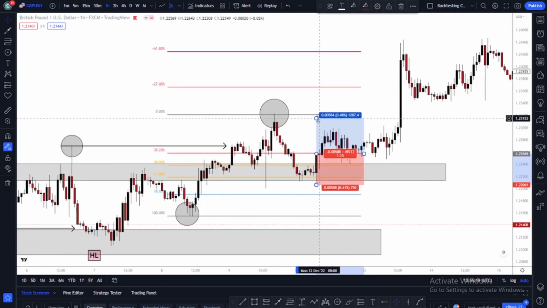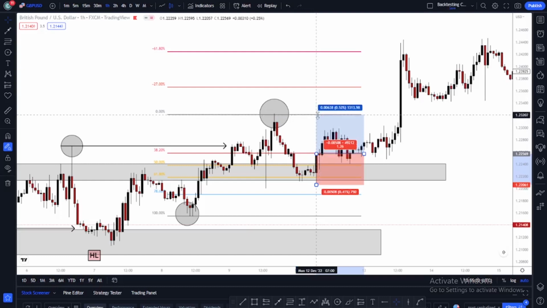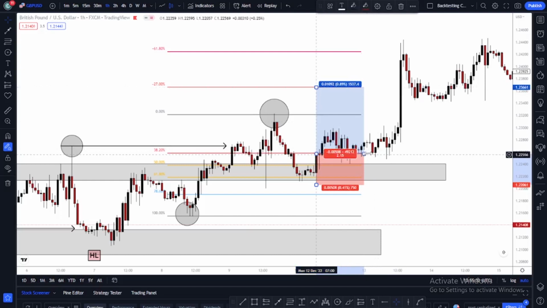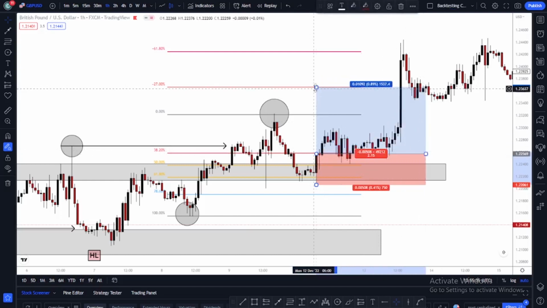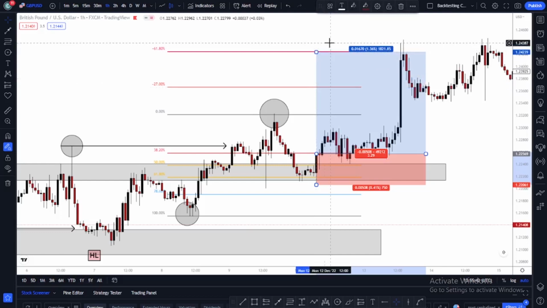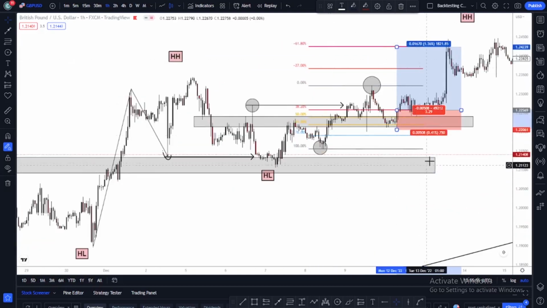My first take profit is right at the 0% level, my second take profit at the negative 27% extension, and my third take profit at the negative 61.8% extension. Which gives us a 1:3 risk to reward ratio, risking 50 pips to make 167 pips. Do you all get it? Good.